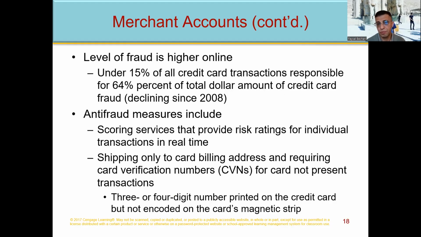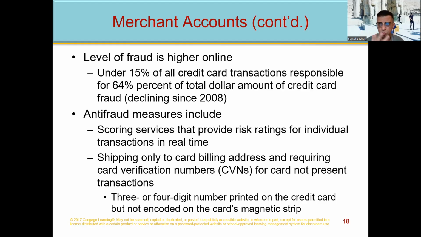The level of fraud is much higher online: under 15% of all credit card transactions are responsible for 60% of the total dollar amount of credit card fraud, declined since 2006. So there's lots of fraud happening with credit cards. The anti-fraud measures include scoring services that provide a risk rating for individual transactions in real time.